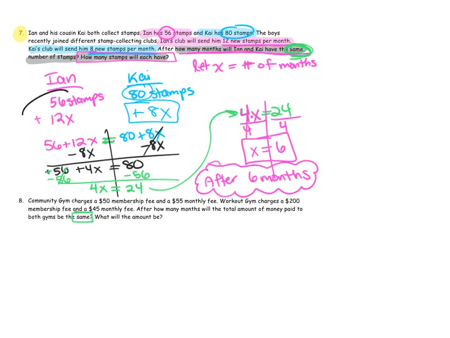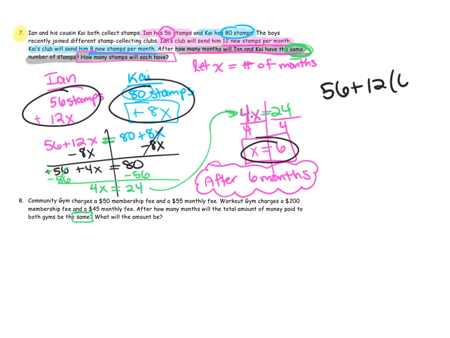Well, guys, we set these equations equal. Pick one that you want to plug x back into. It doesn't matter. Whether I do 56 plus 12 times 6, or if I plug back into here, where we have 80 plus 8 times 6. You're going to get the same answer, and if you don't believe me, put it in the calculator.